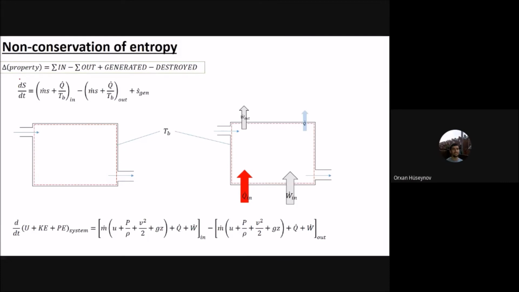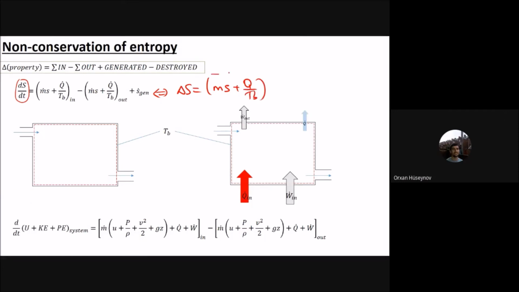So you have the change of entropy. This one is for rate, no problem. You can write in a similar manner. You can say that the delta S will be equal to the mass flow rate times the entropy plus the Q. Now it will not be Q dot, it will be Q. So you will have the Q divided by the boundary temperature, T_B.